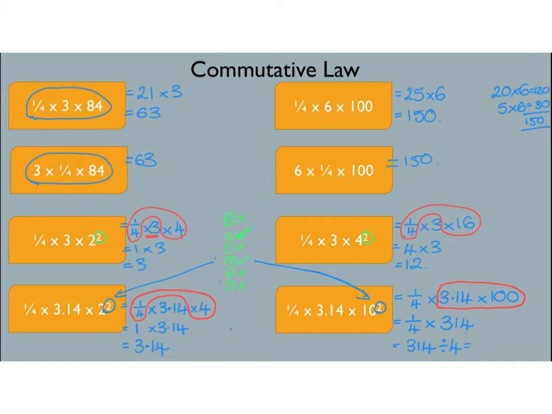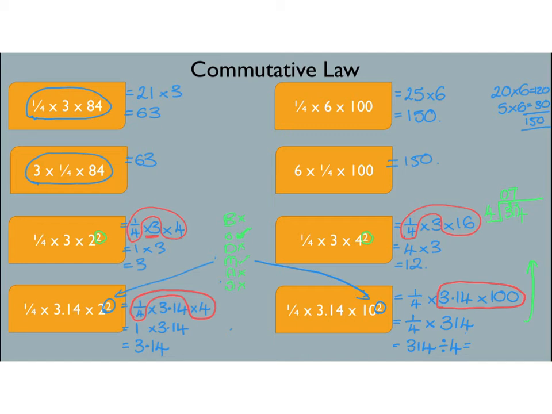So let me think. I'm going to go up here where I've got a bit more room. I could do one of these sums. How many 4s are in 314? How many 4s are in 3? None. So carry the 3 across. How many 4s are in 31? 4 times 7 is 28, so there would be another 3 left over.